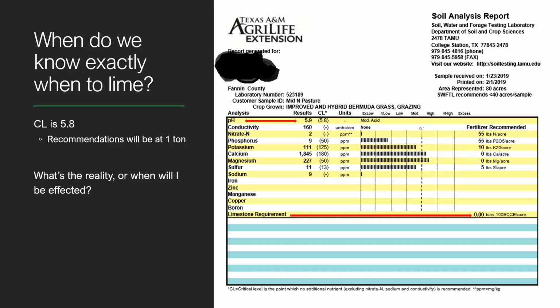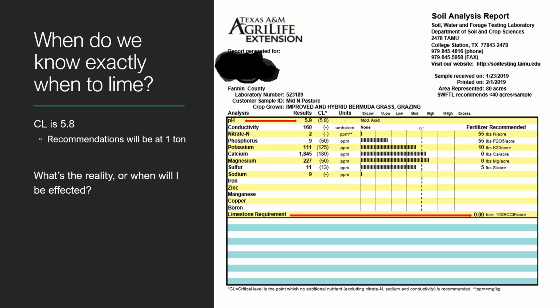When do we know exactly when to lime? We talked about that just a little bit ago, but here are some arrows that show the correlation between the pH level and how much limestone we have to apply. These limestone recommendations come from our soil, water, and forage testing lab down at College Station through Texas A&M AgriLife Extension.